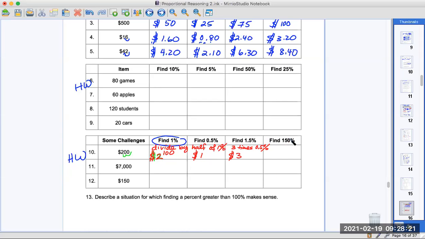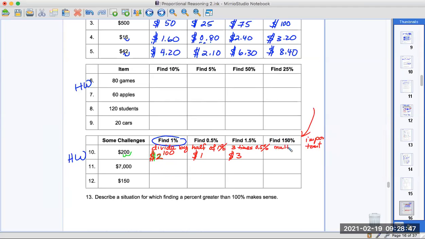Oh, find 150. So there's the strategy you really need. I wish they'd have more room. So this is important. Make sure you put a big, important. To find any percent, you find 1% and multiply by 150.